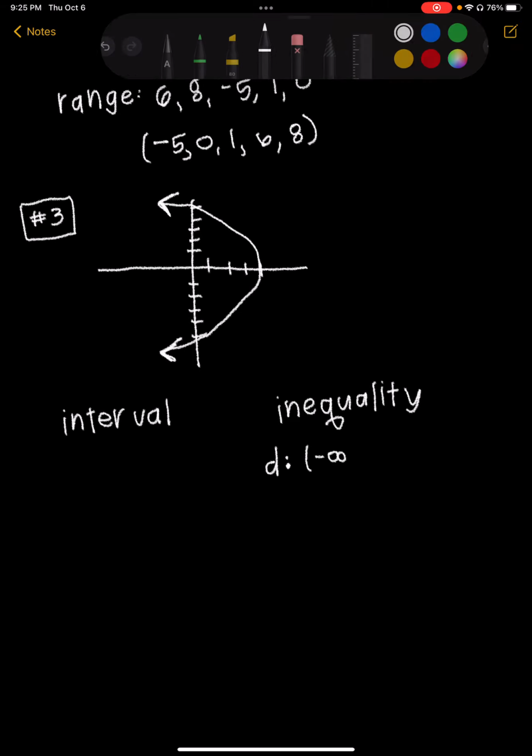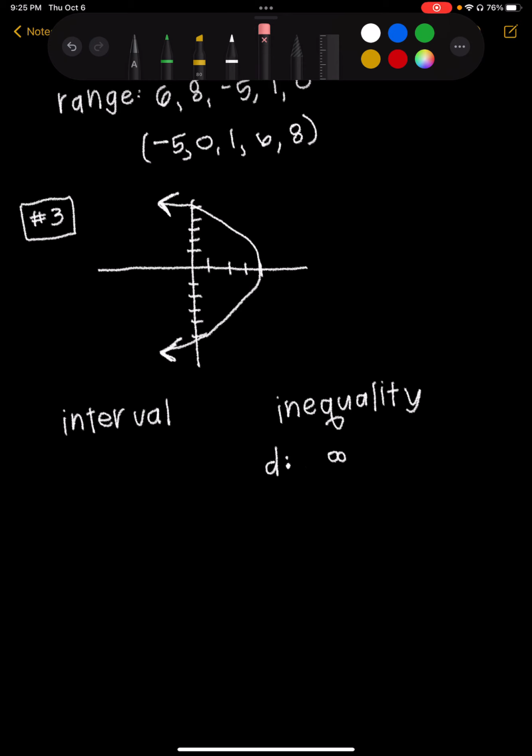Sorry, I wrote it in the wrong form. Let me try it again. So -infinity is less than x, and then that's less than or equal to my rightmost x. My rightmost x, if you can see, is right here at 4. So this is my inequality notation for domain.